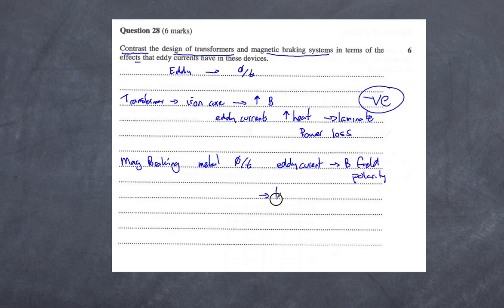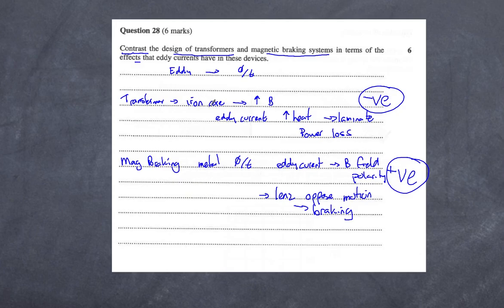That, due to Lenz's law, opposes the motion, and that leads to braking. So now we have the effect of a magnetic field, and this is actually a positive attribute of eddy currents. It's helpful in this case.